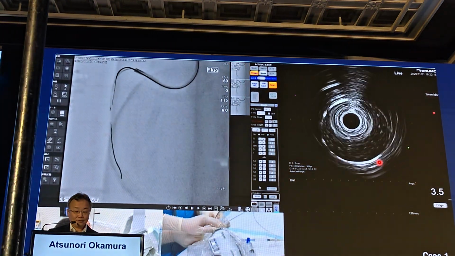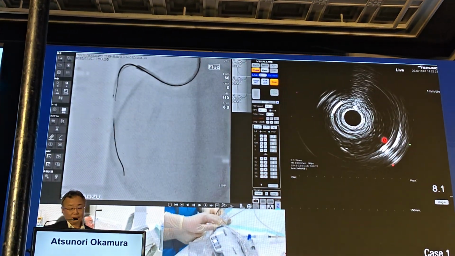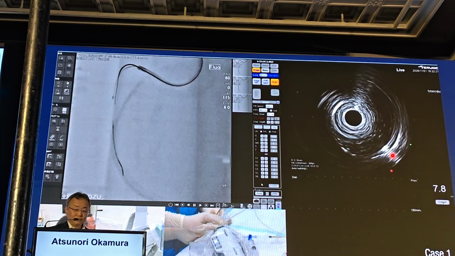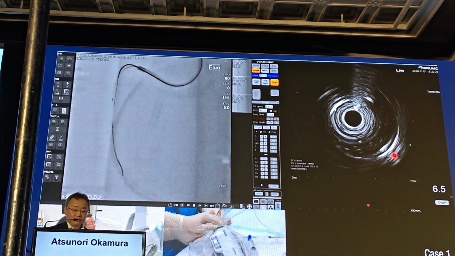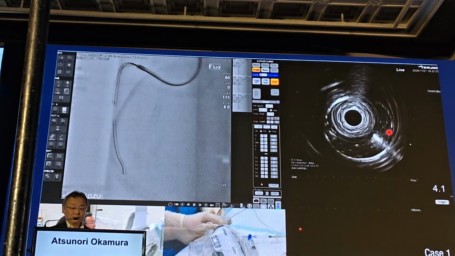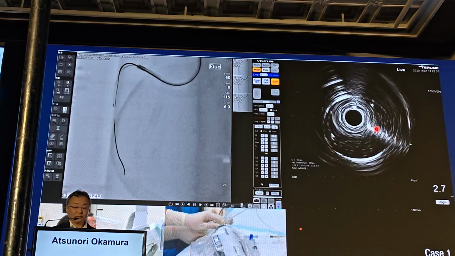We are planning to rotate the guide wire counterclockwise to advance the guide wire through this loop to the target. The tip was rotated counterclockwise.